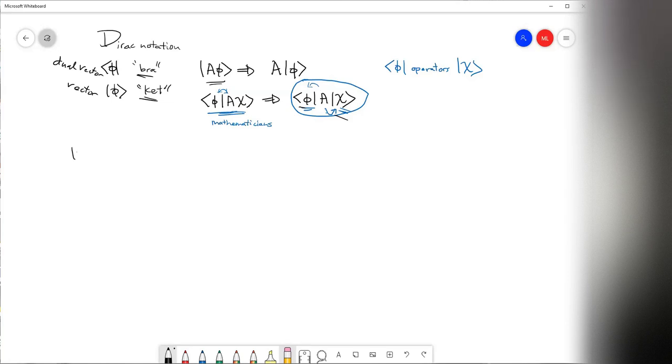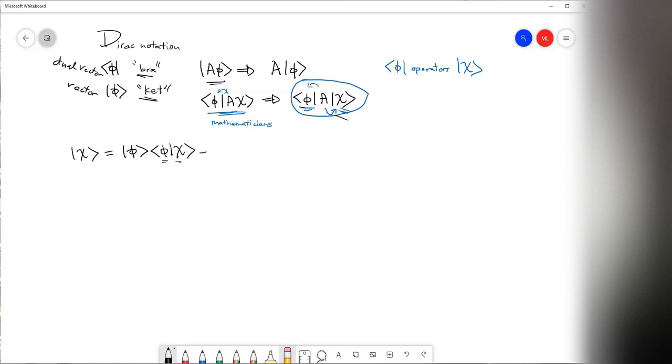For instance, remember this decomposition that we had? You can write chi as a decomposition into a vector phi, and then you take the inner product of phi and chi. That's the component of chi along phi, right?